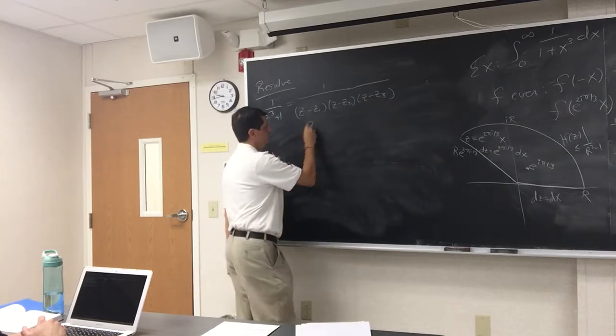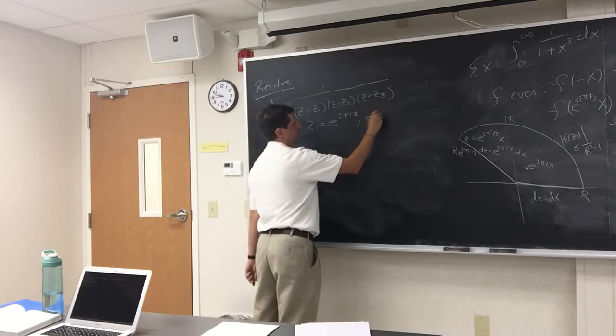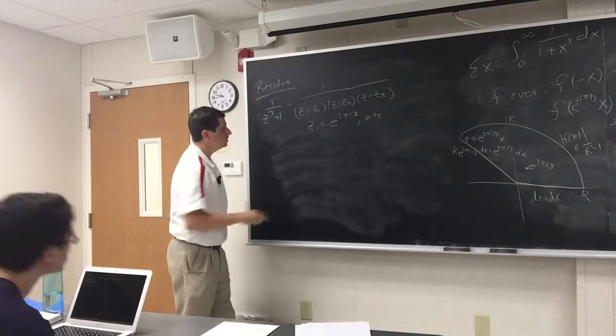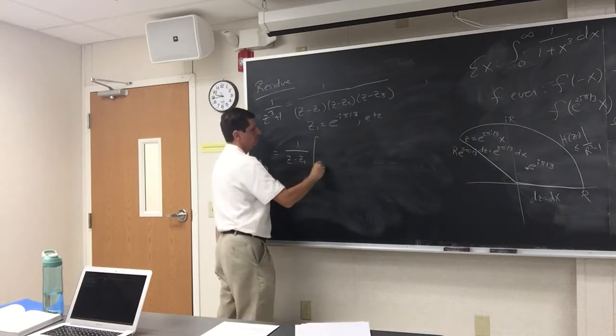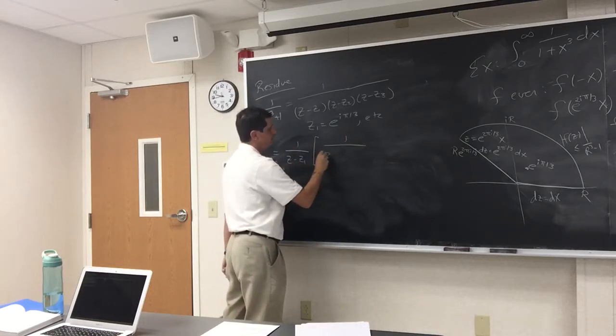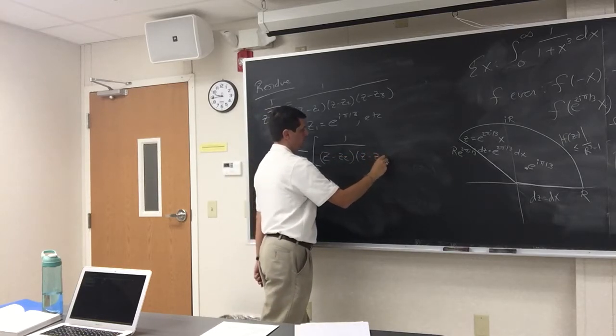You know, z1 is e to the i pi over 3, etc. So let's look at what we have. We have 1 over z minus z1, and then over here we have 1 over z minus z2, z minus z3.